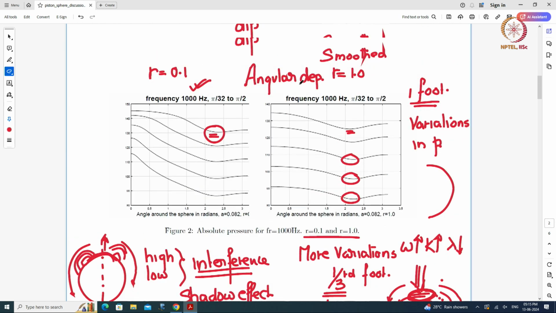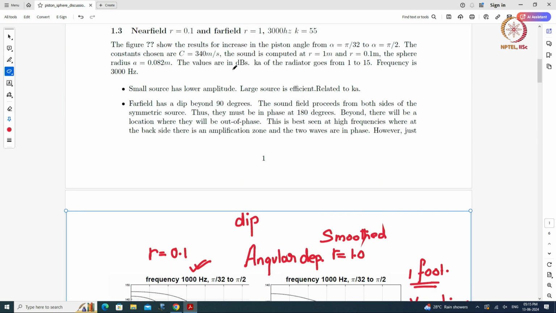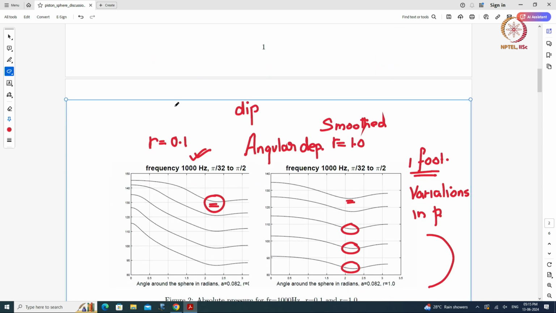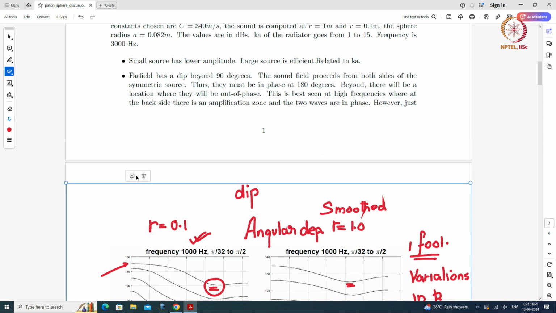So there are some points I have made, that could be a kind of repetition. Small source has lower amplitude, that is for sure. In all the cases this is the small source here, this is the largest source here, so the pressure amplitude goes up, and the far field has a dip beyond 90 degrees.